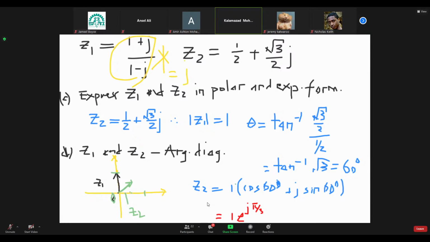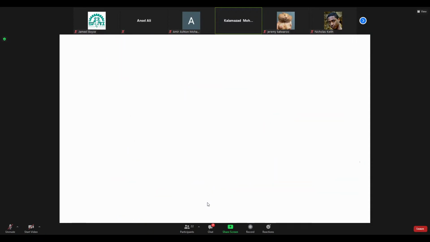So the question says, given the equation 2x squared plus 3x plus 5 equals 0, find the roots.